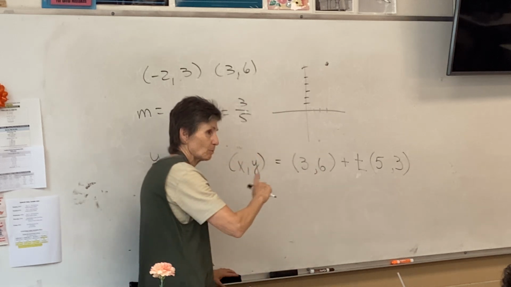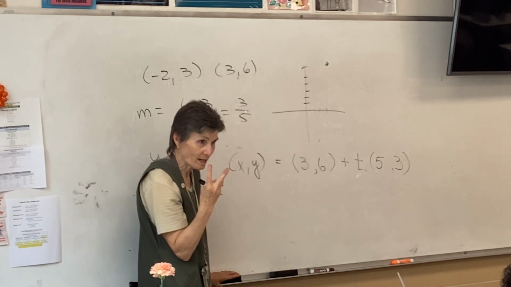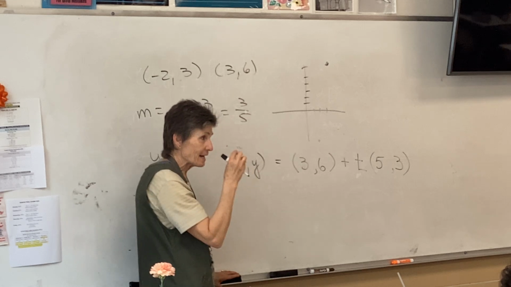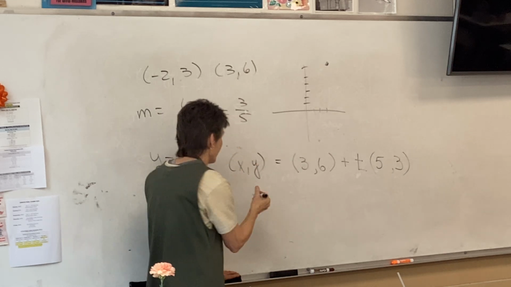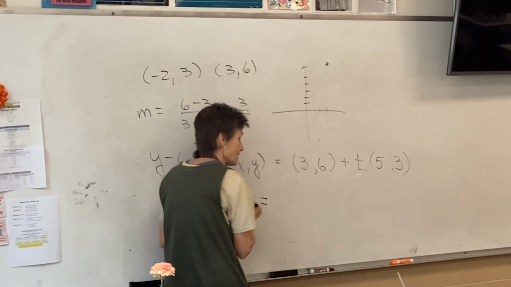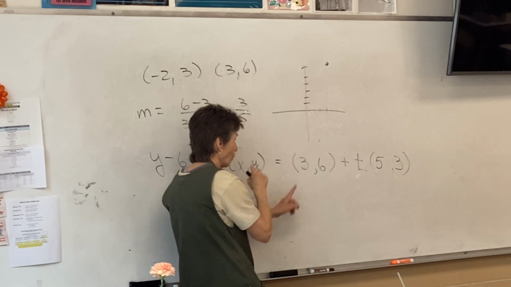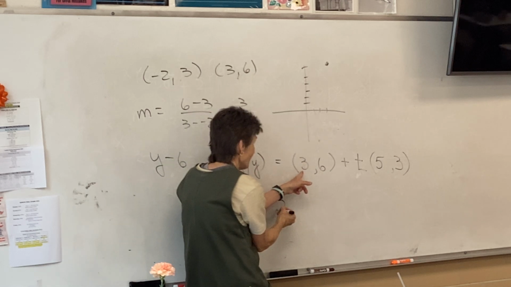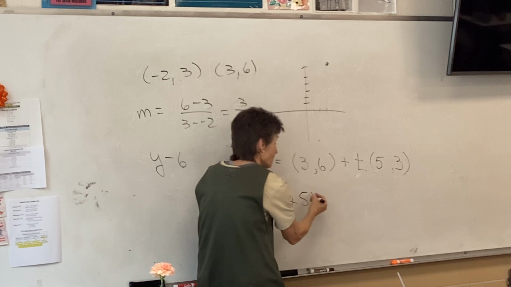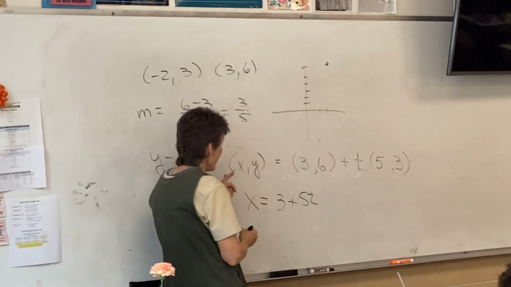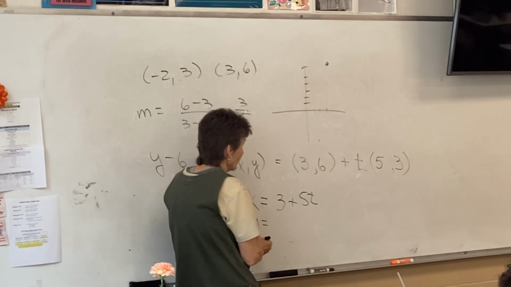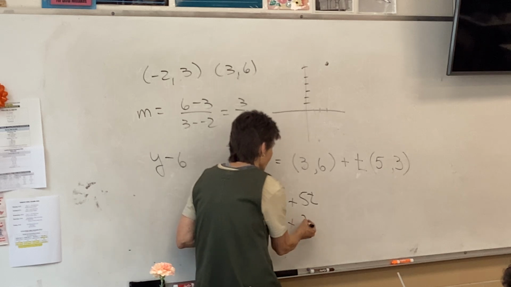Now, if I separate this into 2 equations, looking at x and y separately, what will x equal? x will equal 3 plus 5t, and y will equal 6 plus 3t.